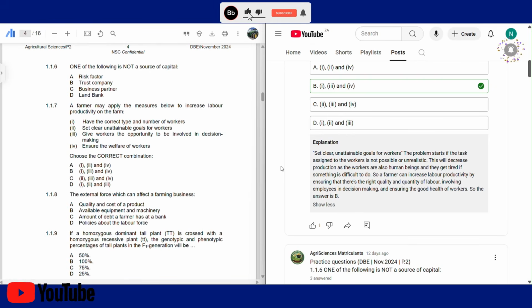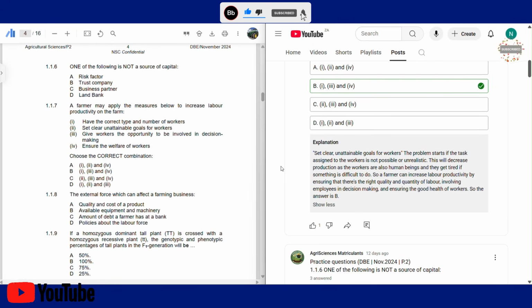So a farmer can increase labor productivity by ensuring that there is the right quality and quantity of labor, involving employees in decision making and ensuring the good health of workers. So the answer B is the one that we take here, is the one that will help this farmer to increase the labor productivity on the farm.